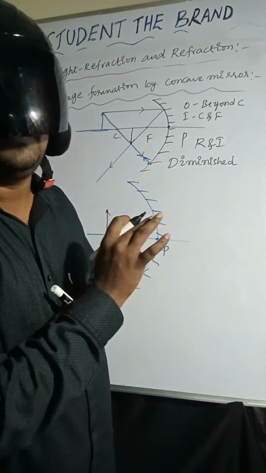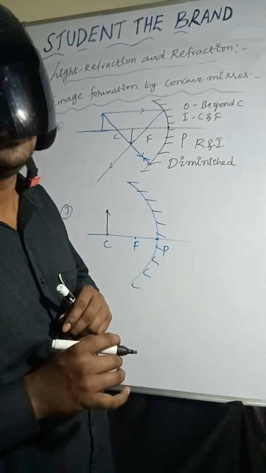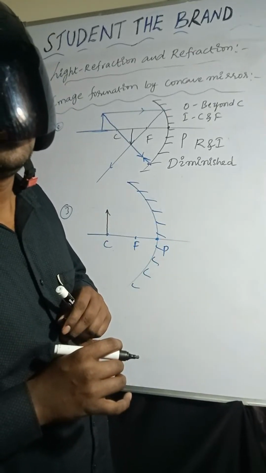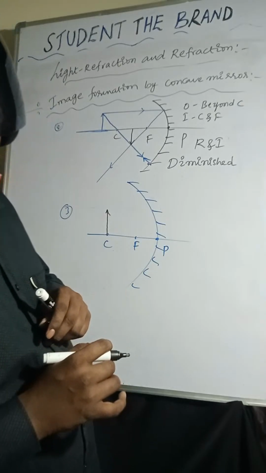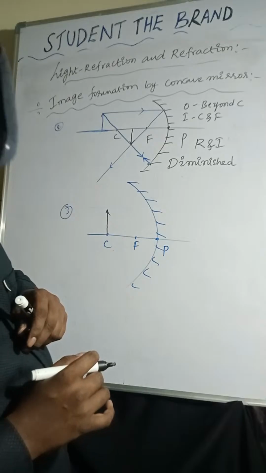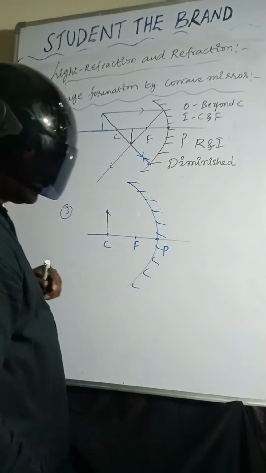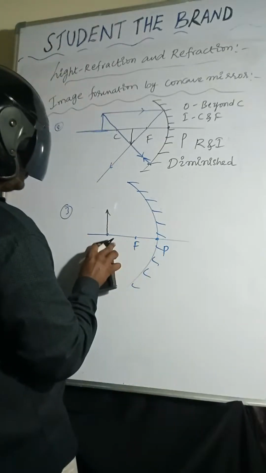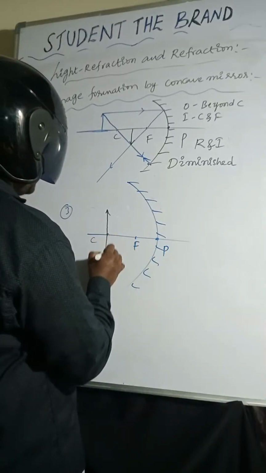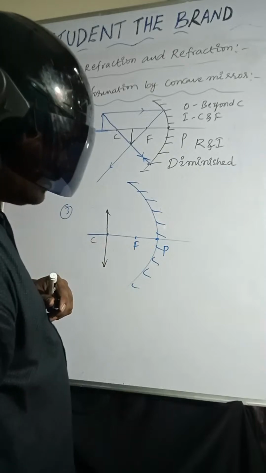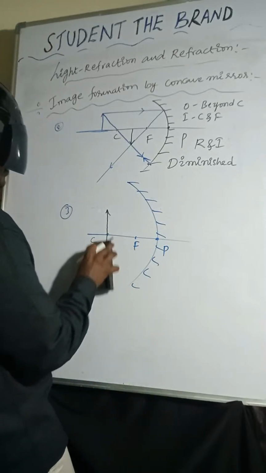Image also will form at center of curvature itself. Image will form at C.